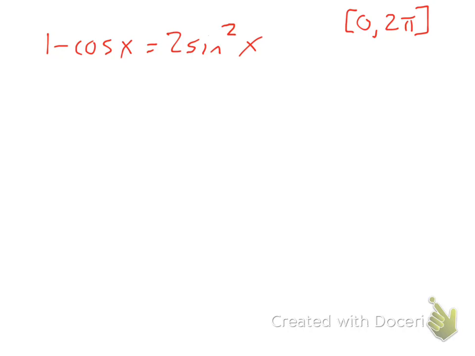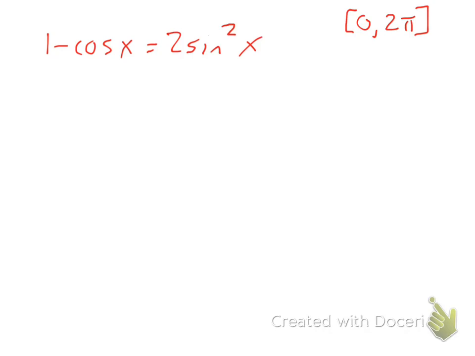Okay. But let's think about this problem. Can you guys see any connection with the fact that if I brought the 2 sine squared x to the left, or the 1 minus cosine to the right, is there a common term that's going to be in everything? They don't both have a cosine, they both don't have sine.